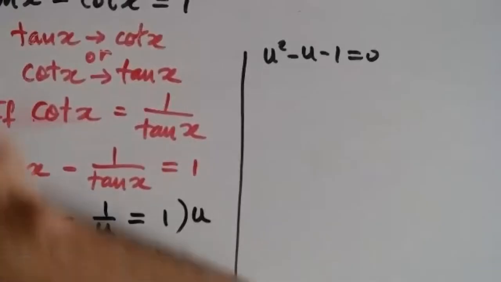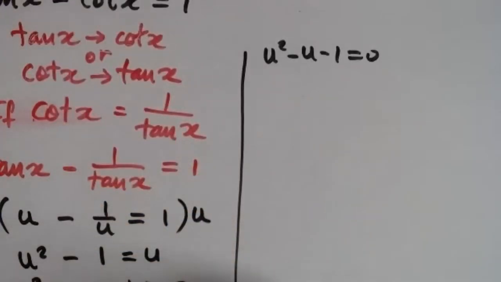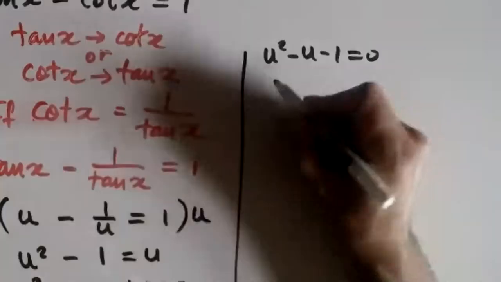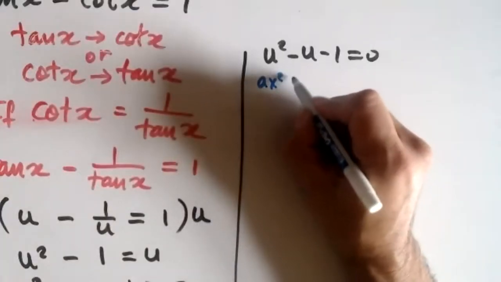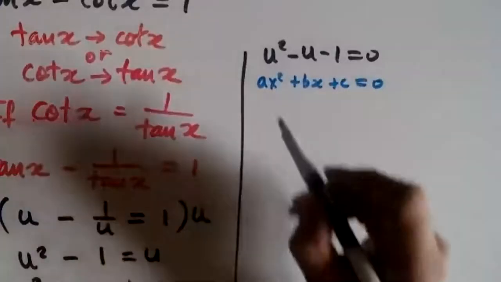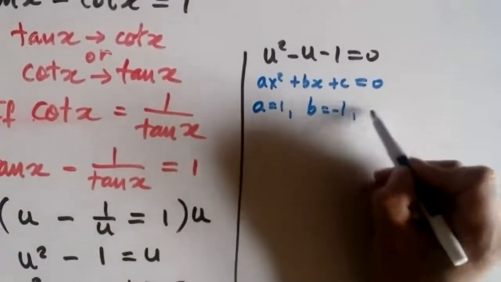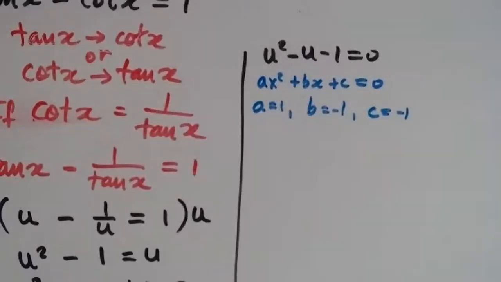So remember your quadratic formula. It's very simple. You have ax squared plus bx plus c equals 0. So you identify that a is 1, b is -1, and c is -1, correct?